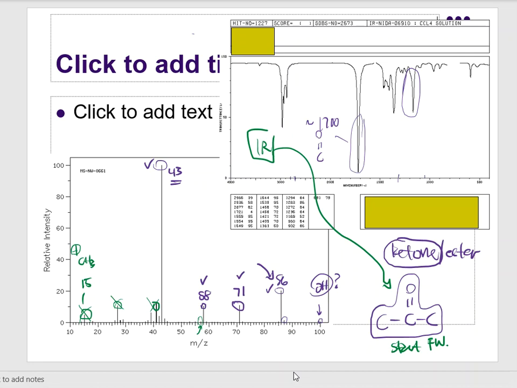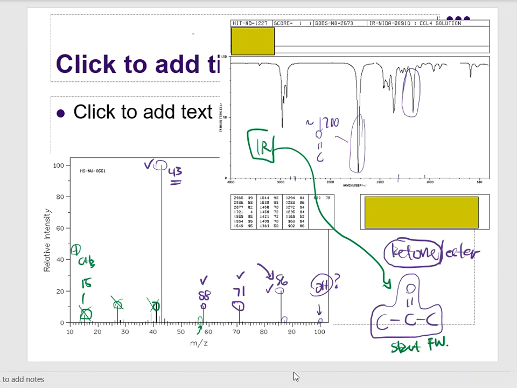I'm not going to be able to figure out the proper way that this molecule needs to be put together in order to give us this infrared and this mass spectrum. All right? So review your infrared. Make sure you feel comfortable with those. And then use that as the starting or the building block to build everything else up on.